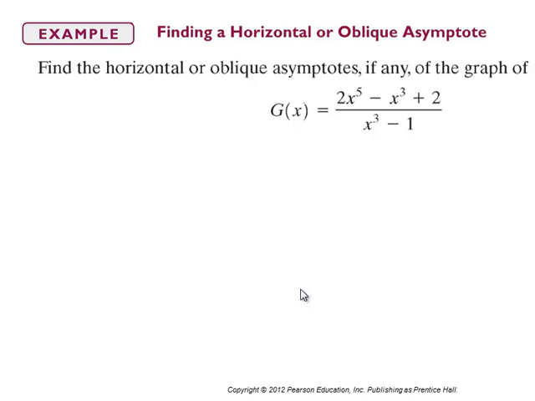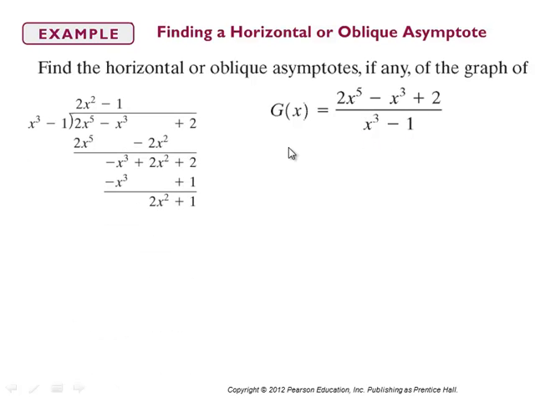Let's do yet another example here. We've got this improper rational function. Let's go ahead and do the division. When we do the division, the result is 2x squared minus 1 plus this remainder over x cubed minus 1. So here's what the result of the division is. So for large values of x, of course, this proper rational function will go to 0.